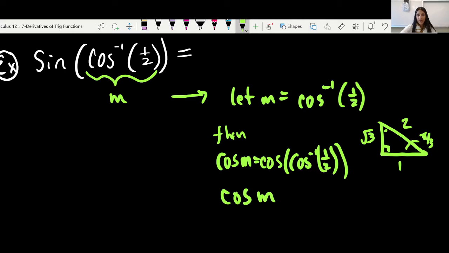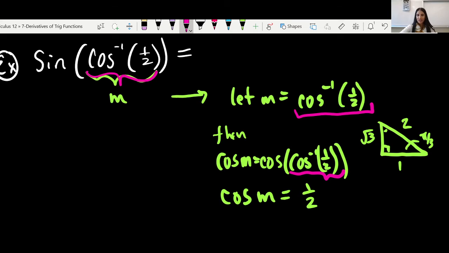So cos of m is equal to 1/2. Let me redeem myself. Let m equal this. So basically like this. Color coding's not working either. So then if I'm doing cos of m, then it makes sense that it's cos of all of this stuff. That's what's happening here. So I hope that helped to clear it up a little bit.